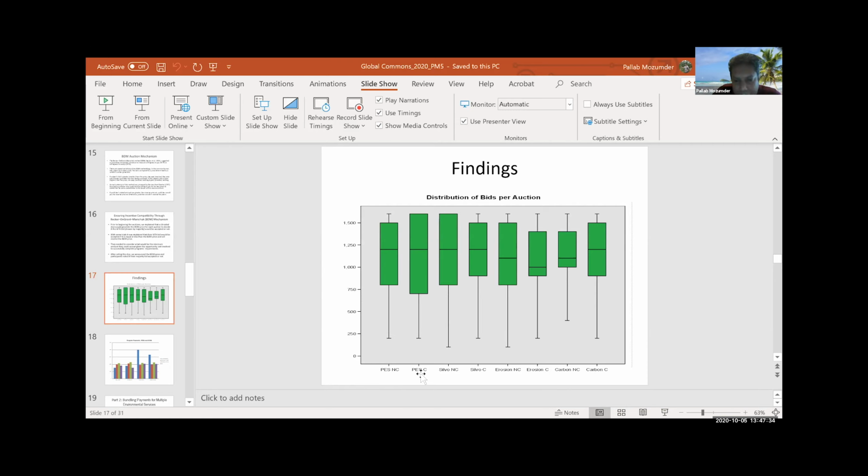This is existing PES, this is silvopastoral, this is soil erosion control, this is carbon capture. In the first two auction mechanisms, letting them discuss with each other did not change the mean bid amount much. For erosion control and carbon capture, it did. In erosion control, after allowing communication, the bids went lower.